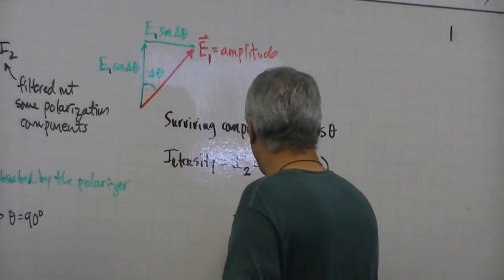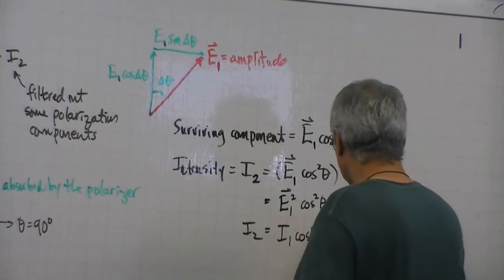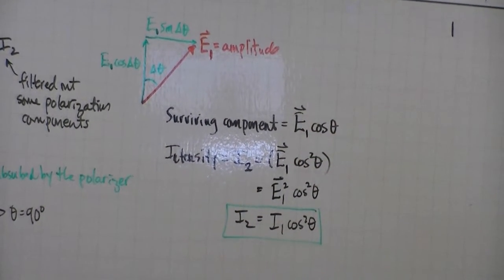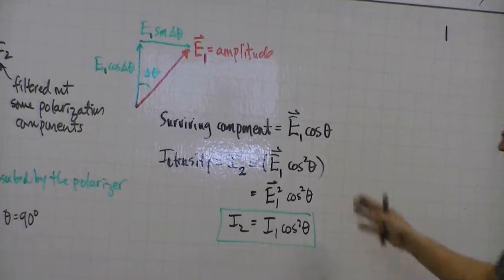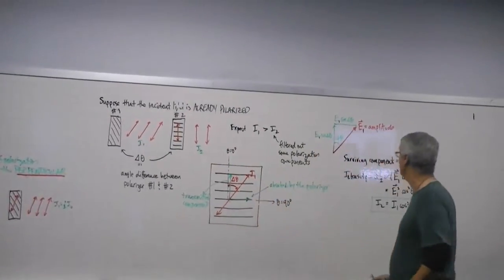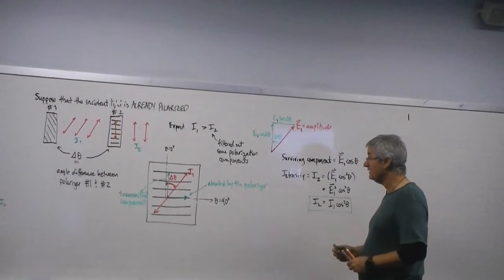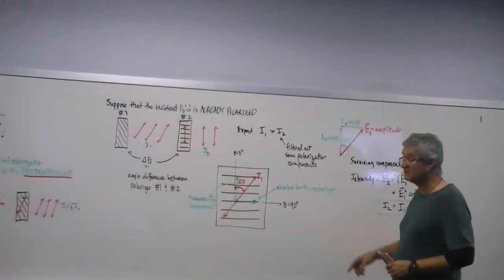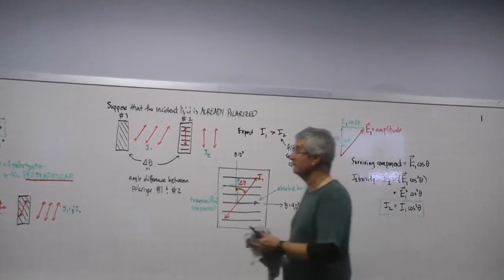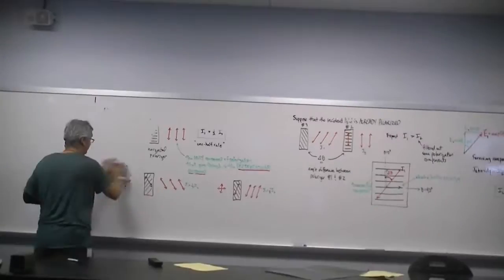And this is I2. So the intensity is proportional to the cosine squared. So now, if I look at the intensity of the light coming through the polarizer, then I could say here, if I was to summarize the whole thing, then it looks something like this. Let me erase this.